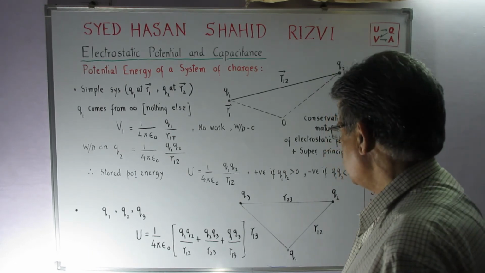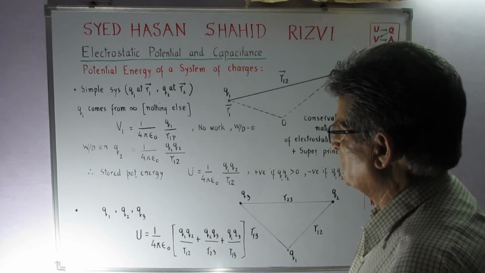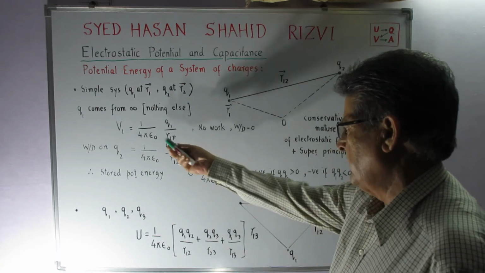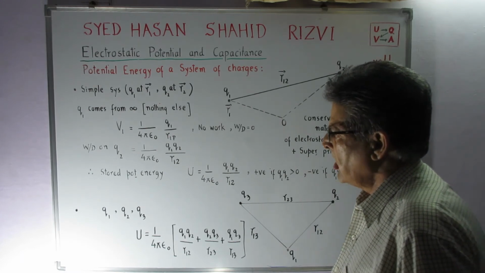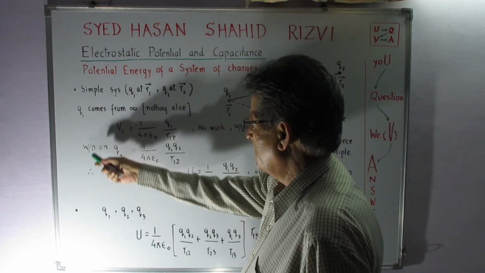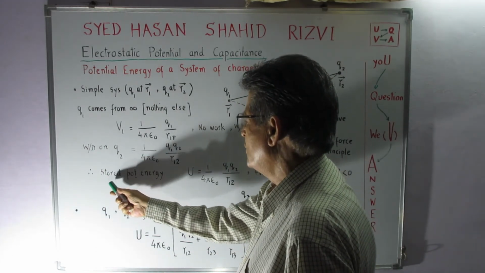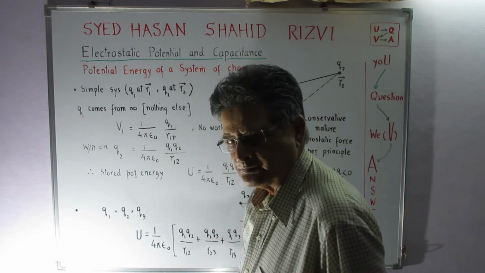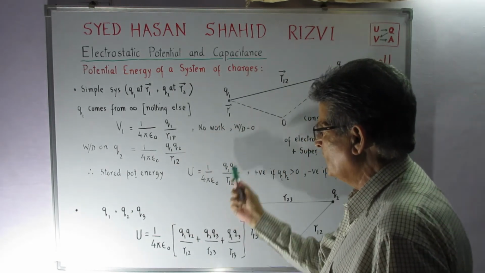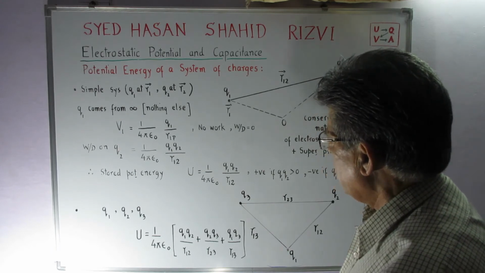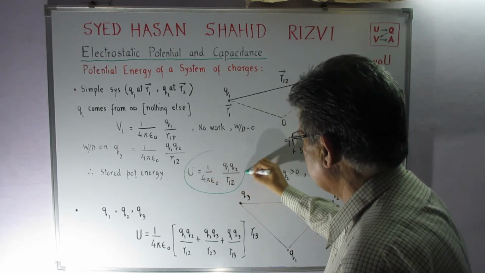And of course, we'll use the superposition principle because this value can be positive, this value can be negative. While we do so, the system has a stored potential energy, and this stored potential energy is equal to the work done on Q2, what we have obtained there.